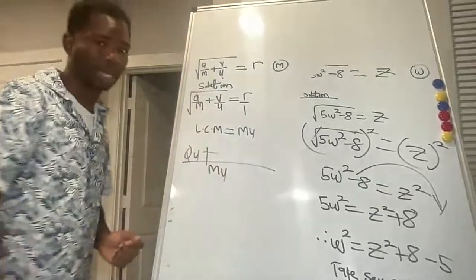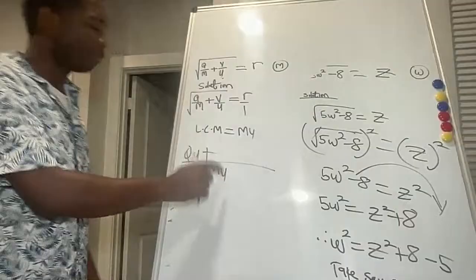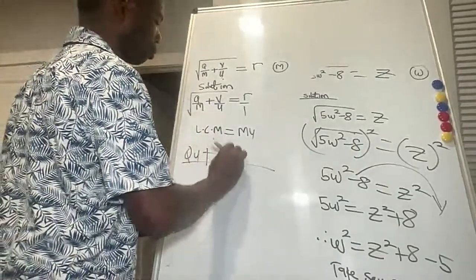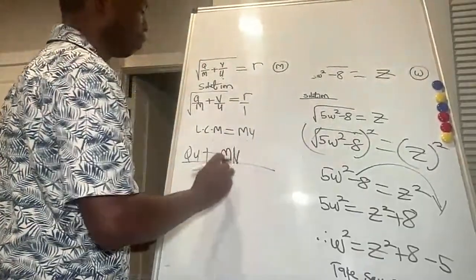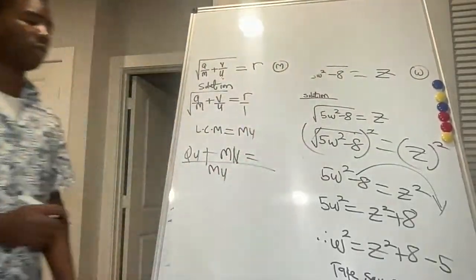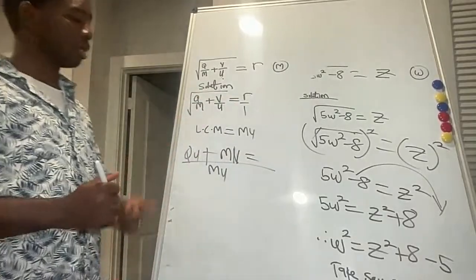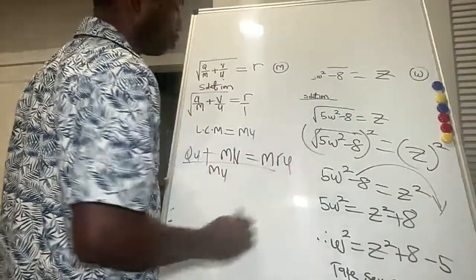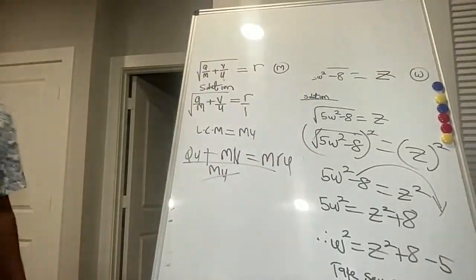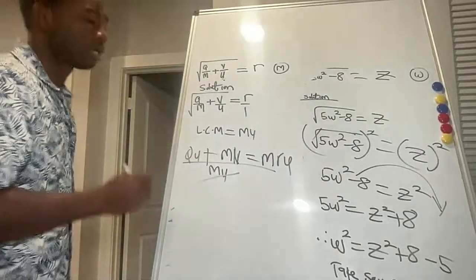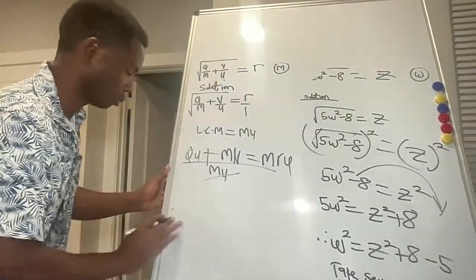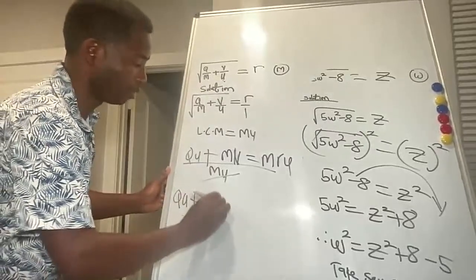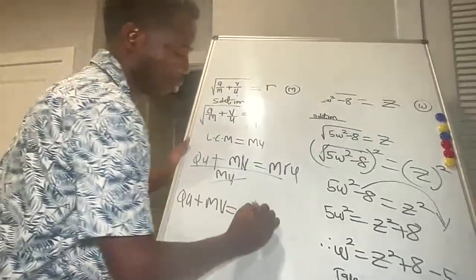Bring down your sign. mu divided by u gives you m, m times v is mv, equal to mu divided by 1 gives you mu, mu times r is mru. You are done with your LCM. Now you have a linear equation: qu plus mv is equal to mru.